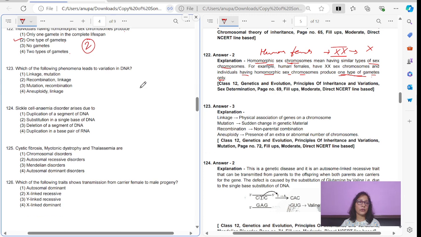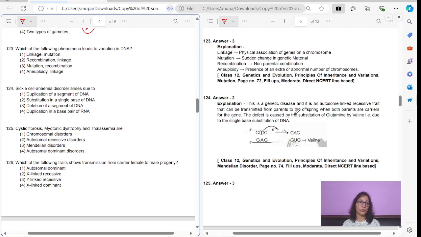Now let's move to the next question, that is question number 123. This question states: which of the following phenomena leads to variation in DNA? The first option is linkage, mutation; second option is recombination, linkage; third option is mutation and recombination; and fourth option is aneuploidy and linkage.